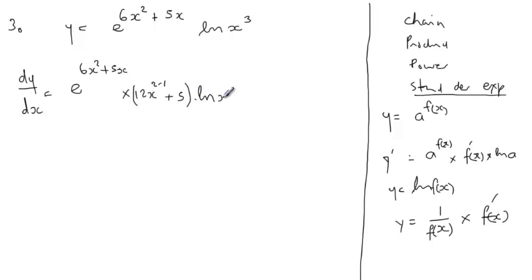Multiplied by ln x cubed, plus e to the power 6x squared plus 5x, multiplied by 1 over x cubed, multiplied by 3x to the power 3 minus 1. 100% correct. I'm not going to waste time there. Thank you.